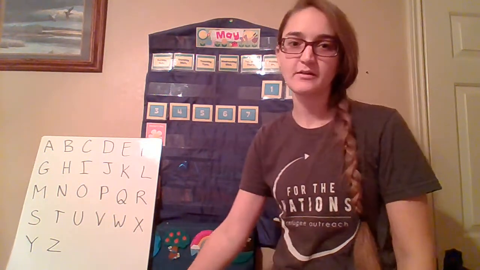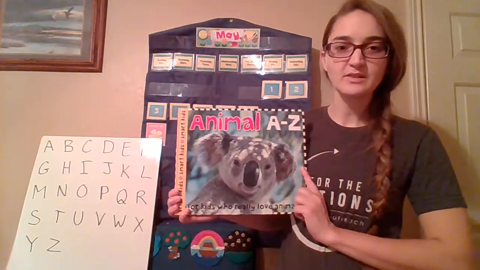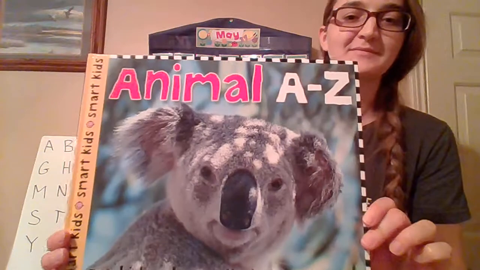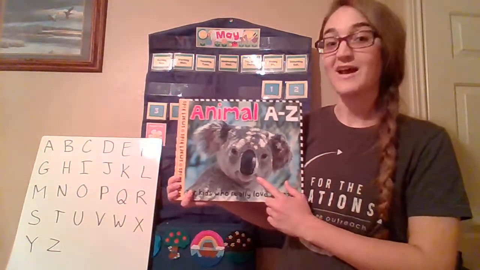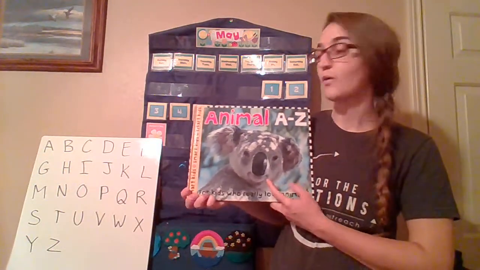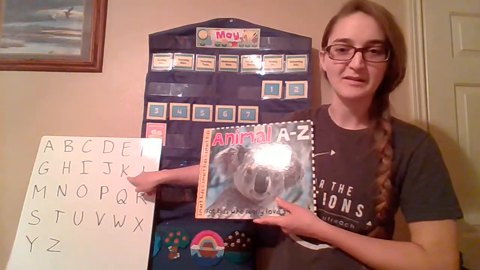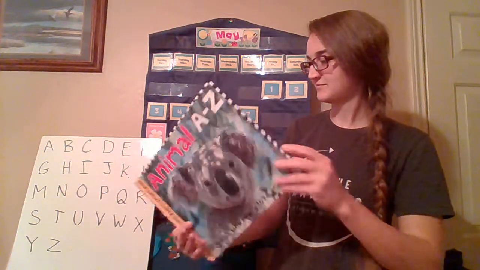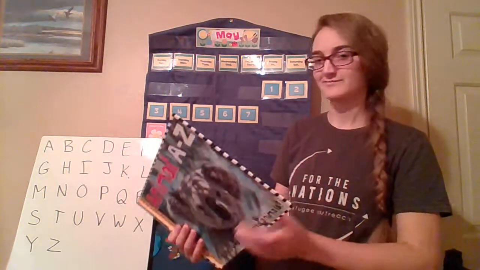And here is a little book to help us remember our letters called Animals A to Z. That animal is a koala. That starts with letter K. This book is so fun, it's almost like going to the zoo.